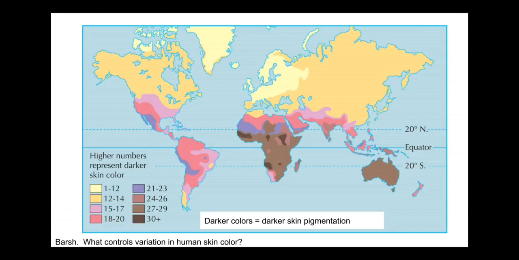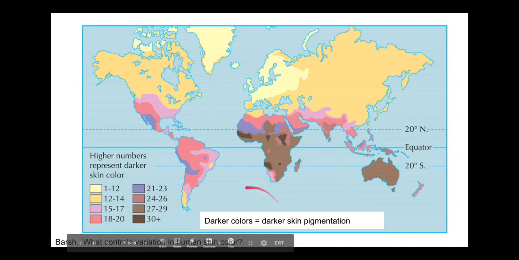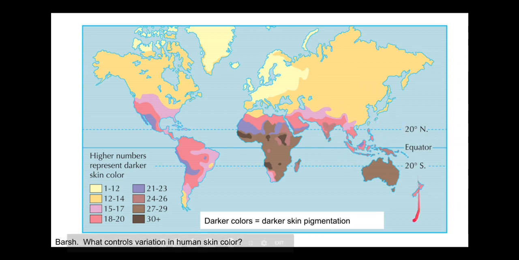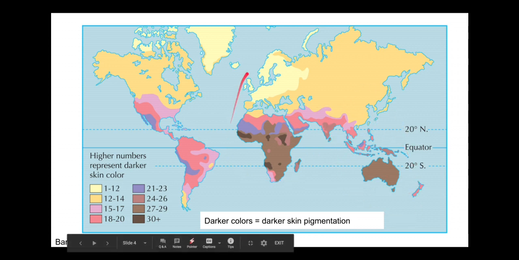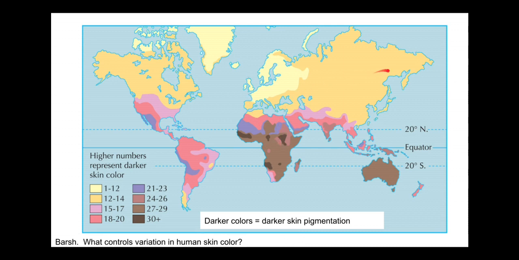So here is a map showing global patterns in skin pigmentation. We'll focus generally on the Old World: Africa, Europe, the Indian subcontinent, East Asia, Oceania, and Australia. This is human origins. Humans originated out of Africa, migrated through Asia, and finally moved south here.